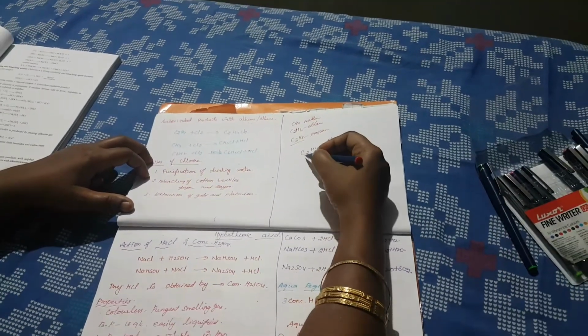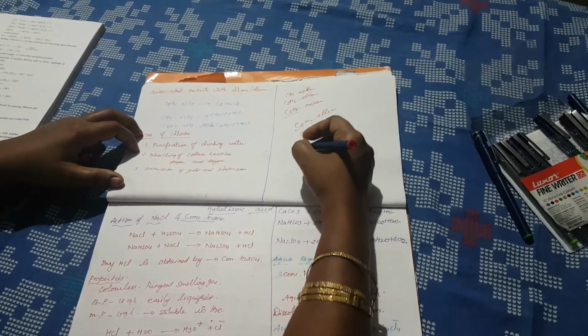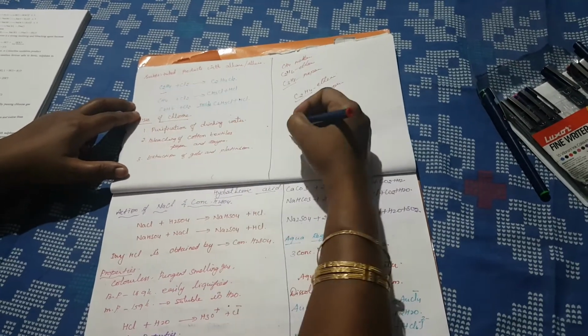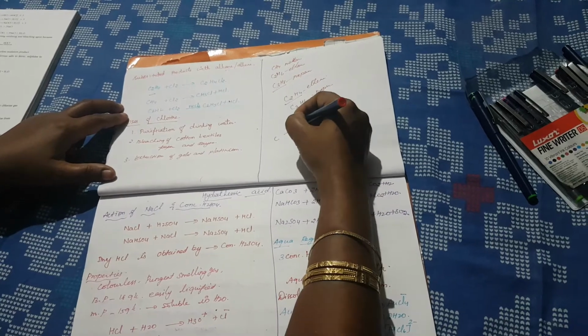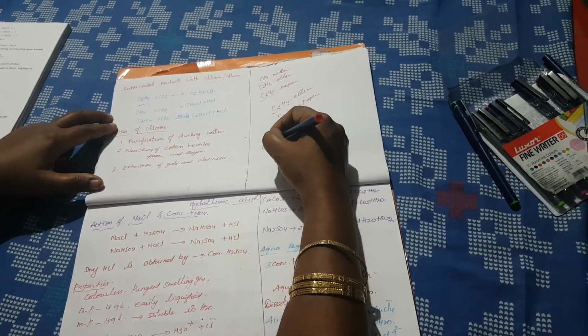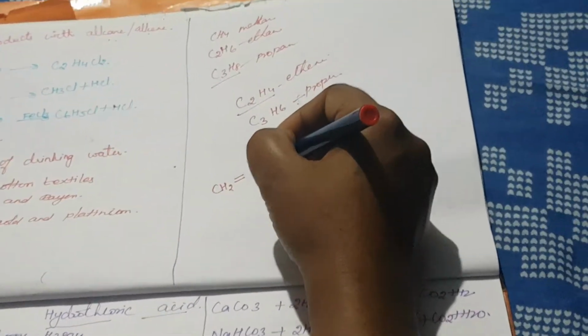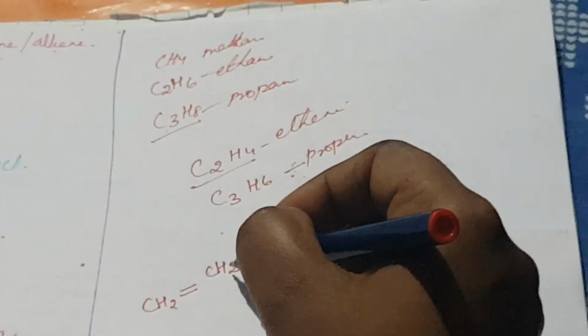So C2H4 is called ethene. Ethene means CH2=CH2.